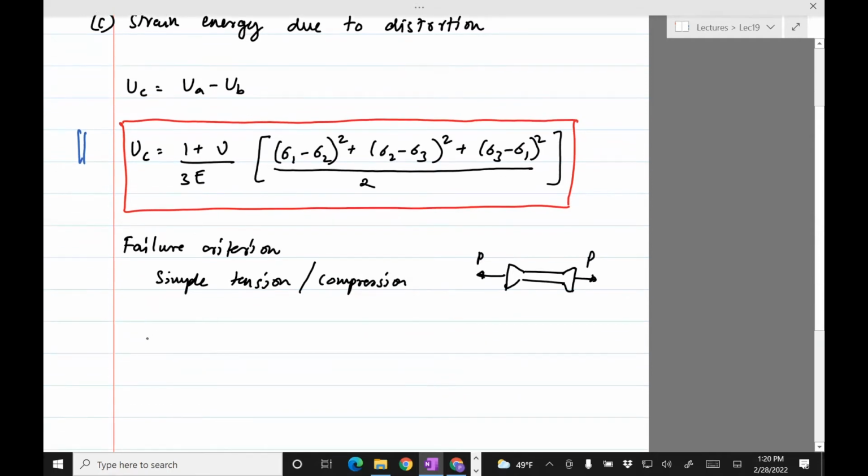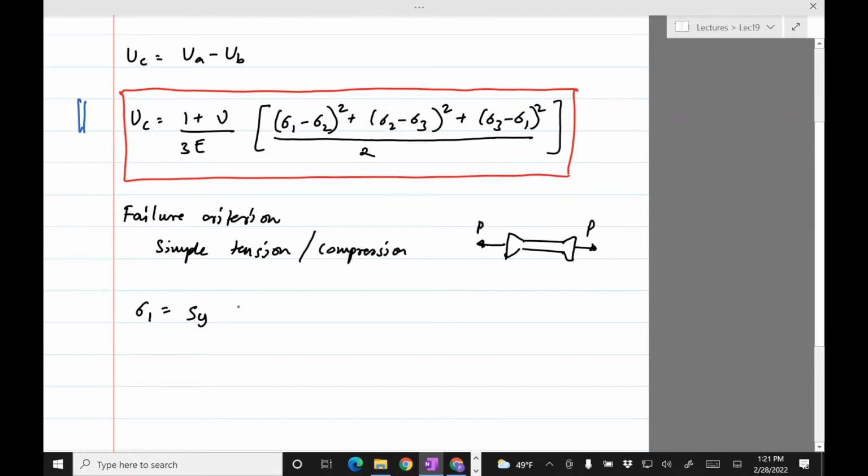When you have uniaxial loading, there's only one principal stress, and that's called sigma 1. That will be Sy, because it becomes nonlinear when it reaches the yield strength Sy, and that's what we're designing for. We don't want it to go beyond the yield strength where things become nonlinear. And then sigma 2 equals sigma 3 equals 0.